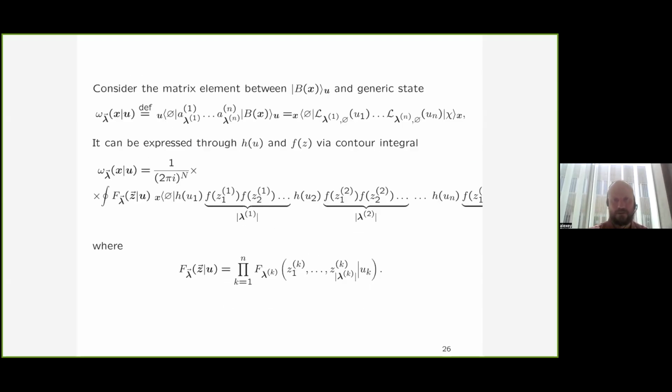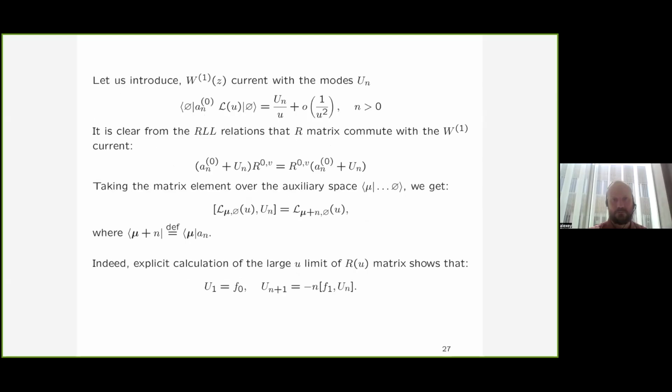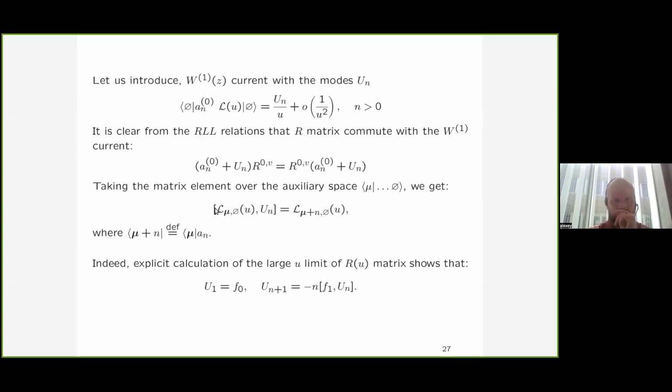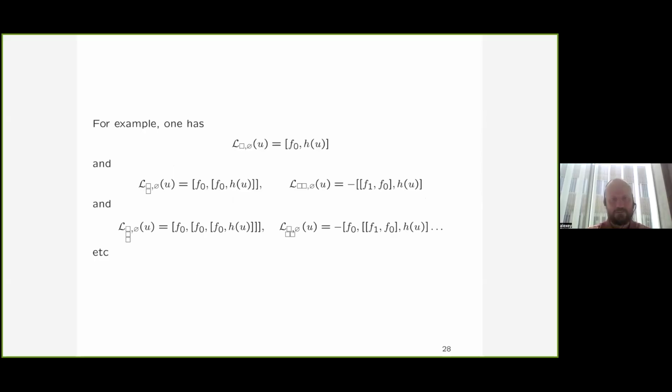Okay, now I explain why it is so. Right, where such kind of formula might come from. So let me briefly explain. Any matrix element between any two states in the auxiliary space, you can express it in terms of certain add operators applied to the H operator. It is almost obvious that this is the case.